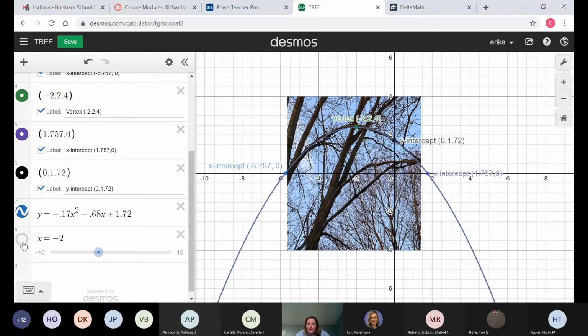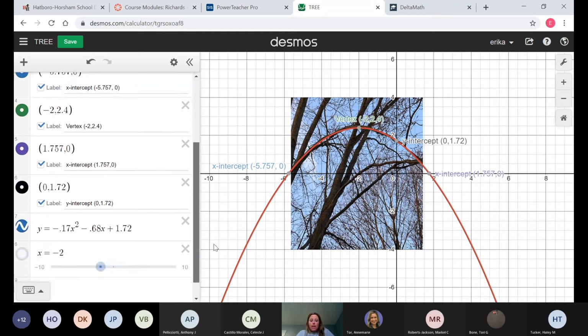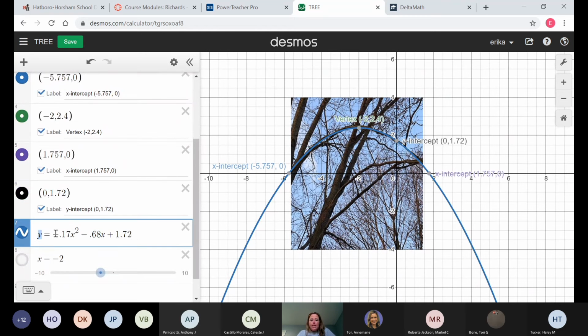So that's it. The second graph is exactly the same thing. I would do everything I did here, except I would also show how to get the intercepts by using the quadratic formula. After Desmos gets you this graph, you need to change it to standard form, which is here.